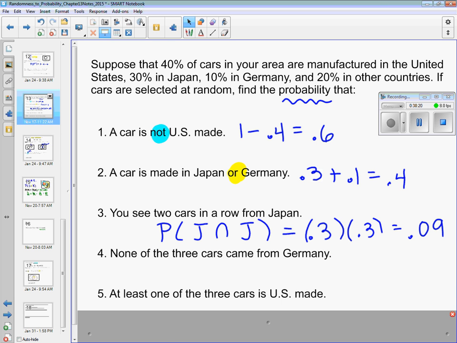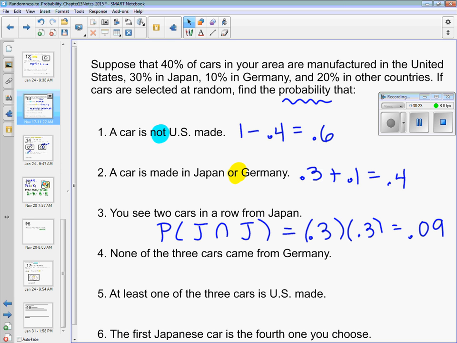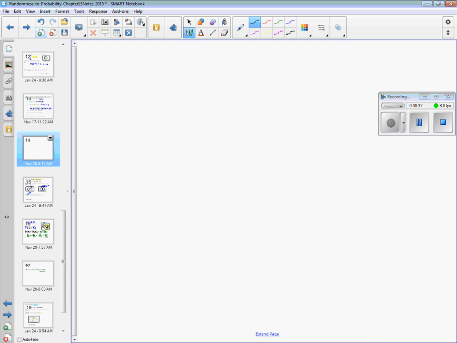What about number 4? None of the 3 cars came from Germany. None usually means complement. And now we're looking at 3 cars. I like this idea of something called a slot diagram to help us answer these "and" questions, and this is something that Mrs. Mackert made up.